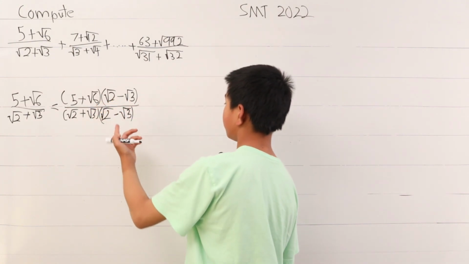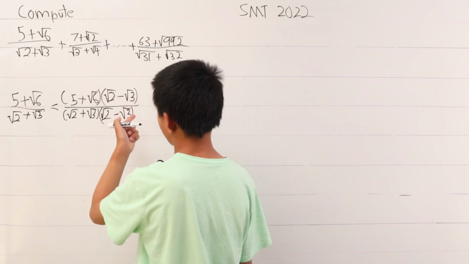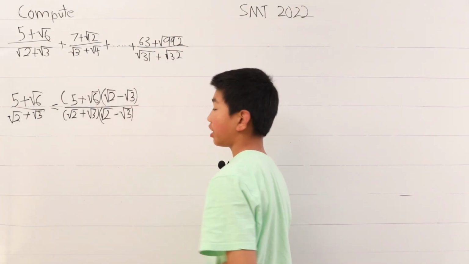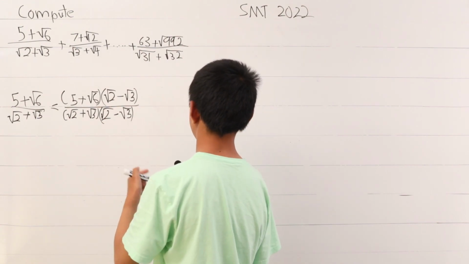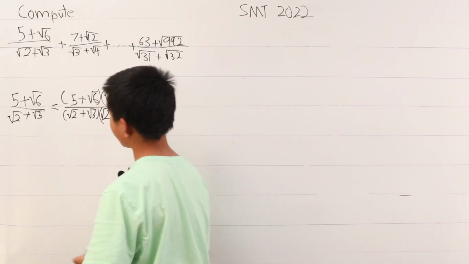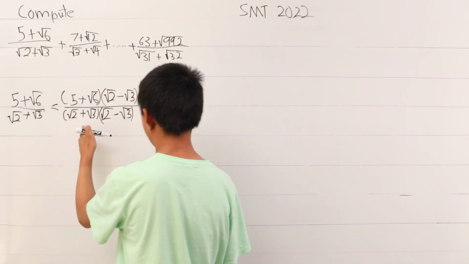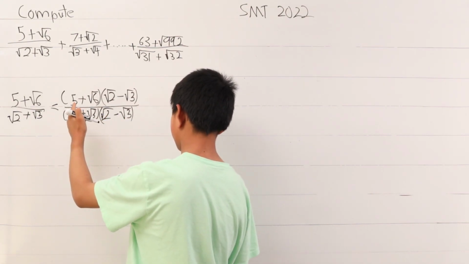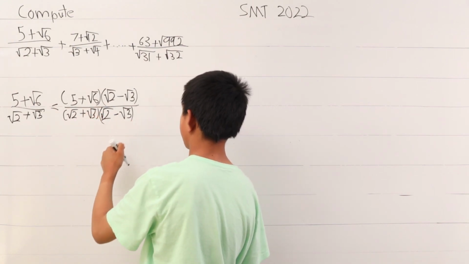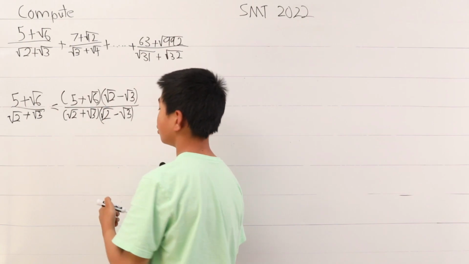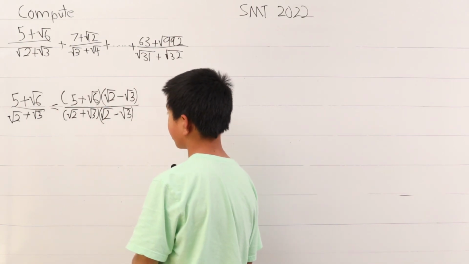You do that, so these cancel out and it's still the same value. Now we just keep on simplifying until we get two terms being added or subtracted. On the bottom, this is just 2 minus 3, since it's squared and there's no more square root. 2 minus 3 is negative 1.